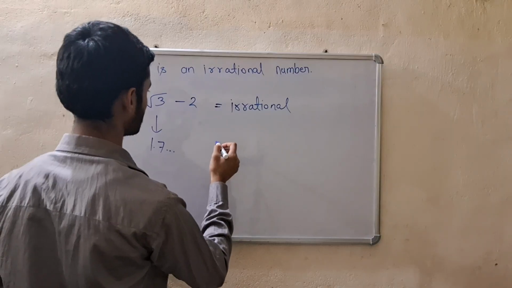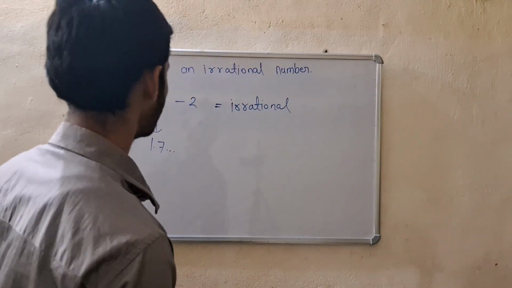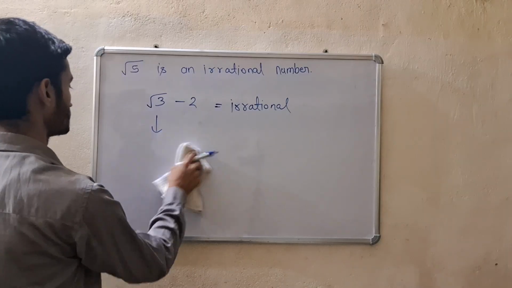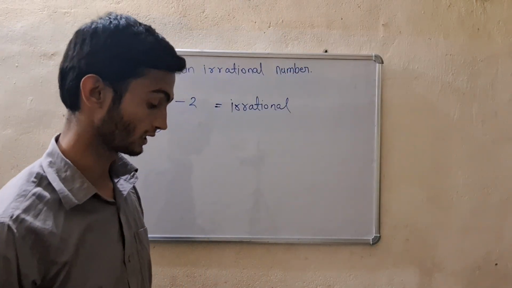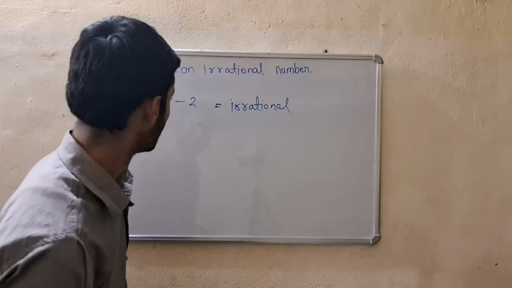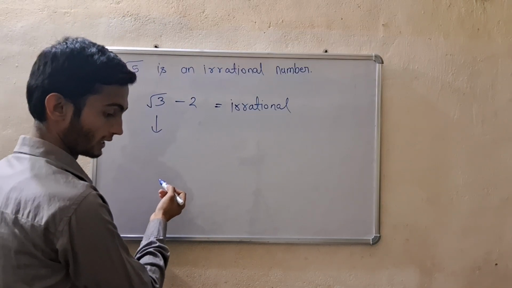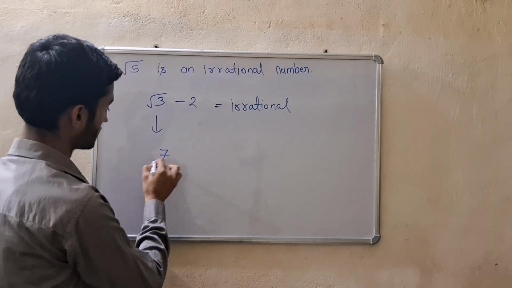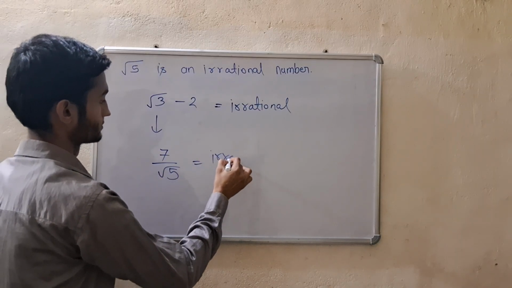But that's okay, irrationals can be negative too, and that should not be surprising. Also, if you divide a rational by an irrational, you get an irrational.